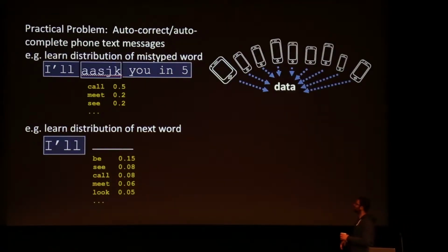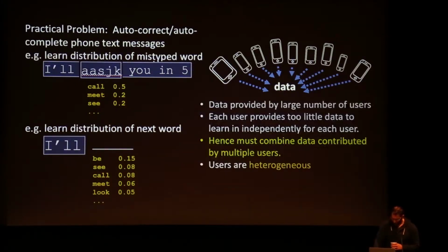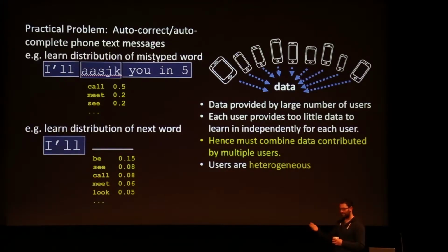So why is this an interesting distribution learning problem? Well, your data on which you're going to train is provided by 1 billion different users. Each user has a phone and is submitting data. There are a very large number of users, and each user is providing a small data set.